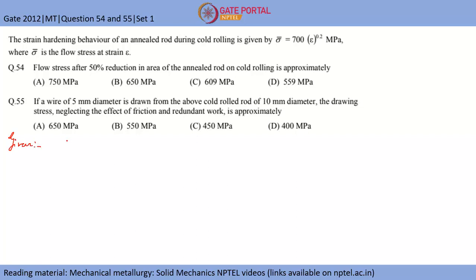Given is D initial, which we know is 10 mm. So from that we will calculate A0. A0 is pi d square by 4, where d is 10 mm. So this is equation 1.